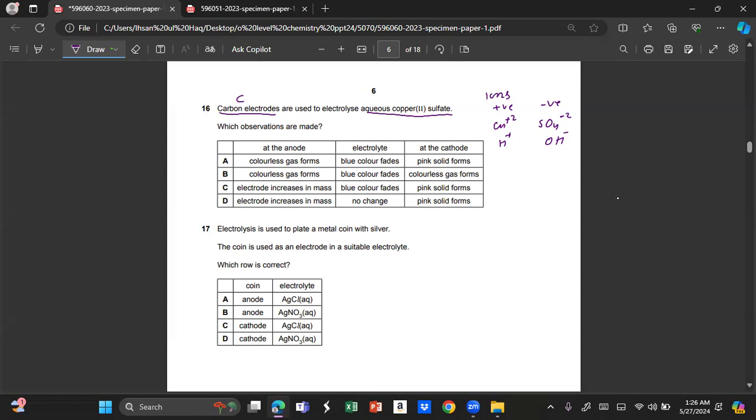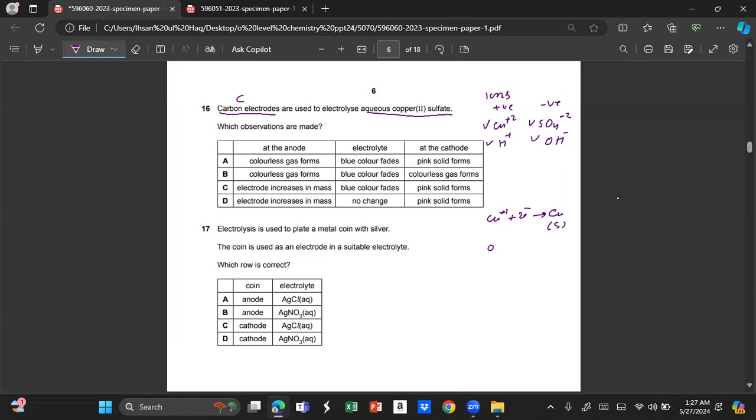Boys, out of these two positive ions, which ion will be lower in the electrochemical series? That is copper. Copper ions will move to the cathode and will be converted into copper as a pink solid.